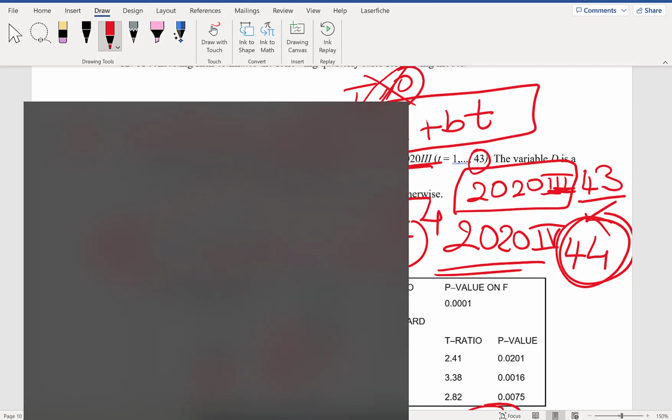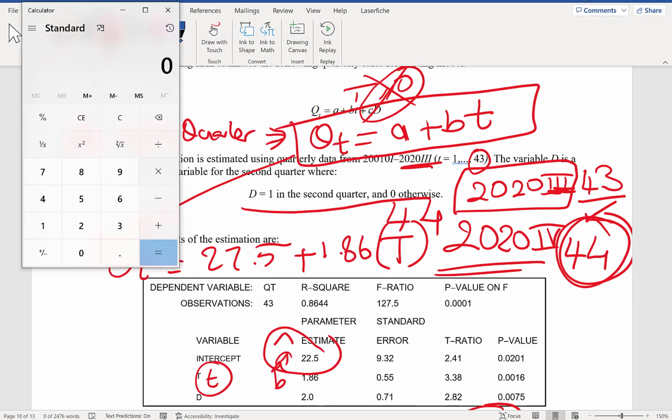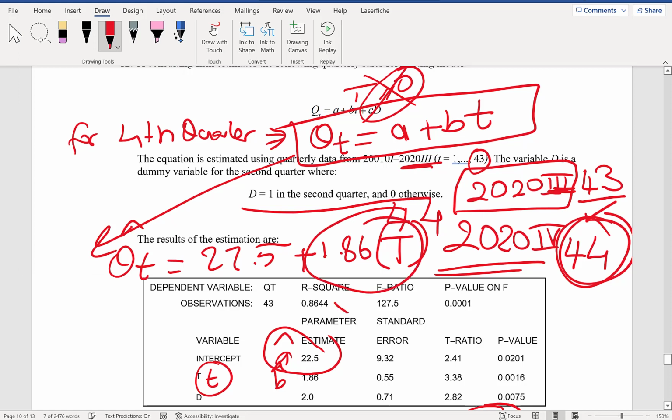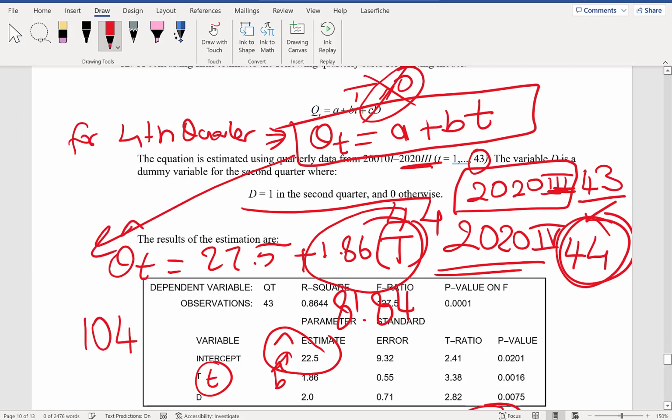So let's pull up our calculator. 44 times 1.86 is 81.84. We're going to add 22.5 on top of it, which is 104.34.